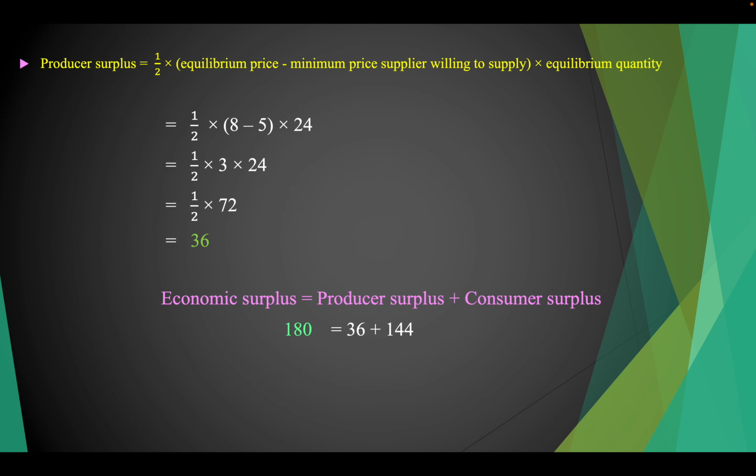Add these amounts to this equation, then you can find 36 as the producer surplus. Then when producer surplus and consumer surplus are added together, we call it economic surplus, that means total surplus. It is 180.